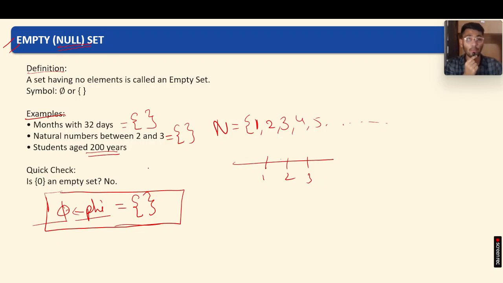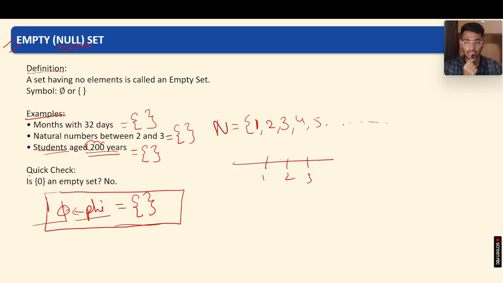It is an impossible thing. Nowadays people do not go beyond 100, so how can there be a student aged 200 years? There is no such person, it's impossible, so it is an empty set.